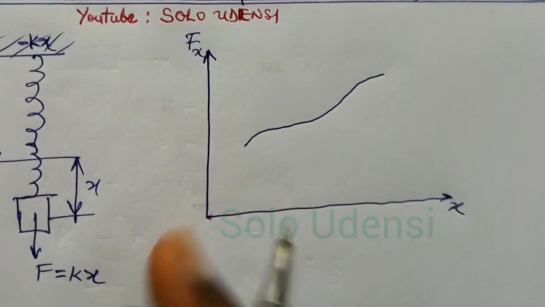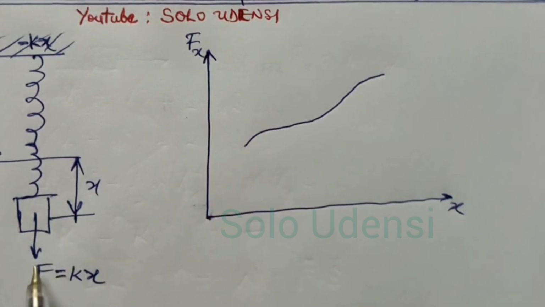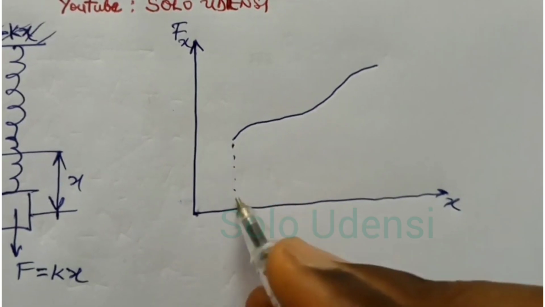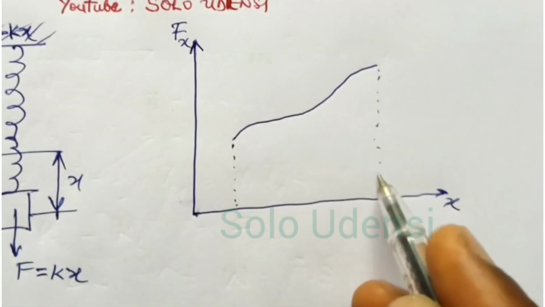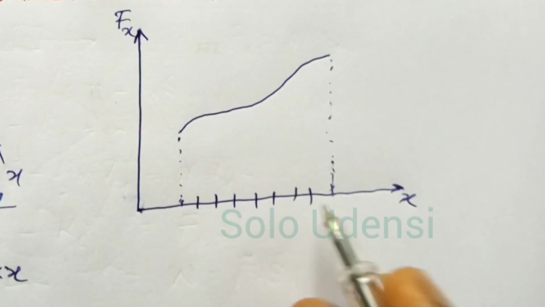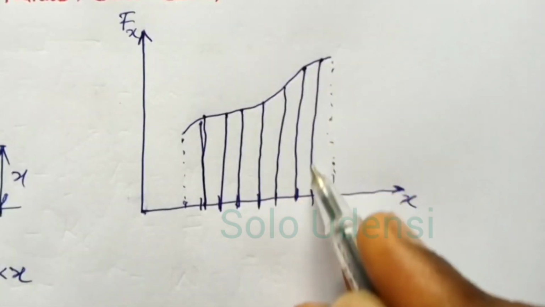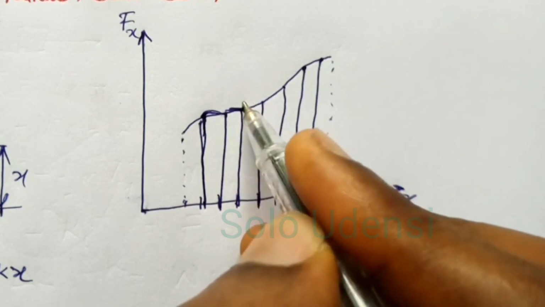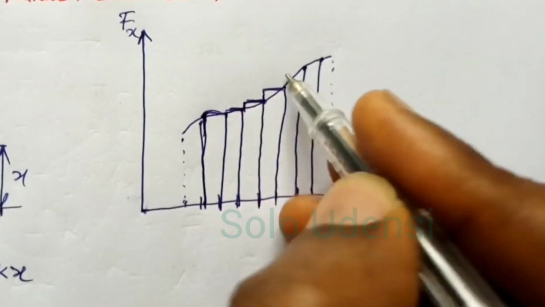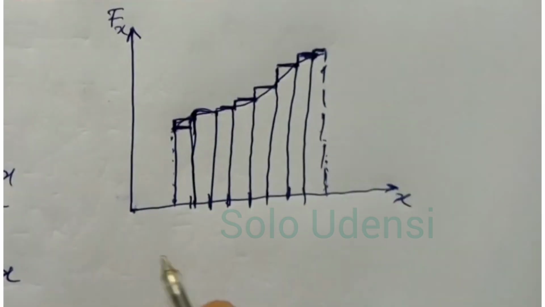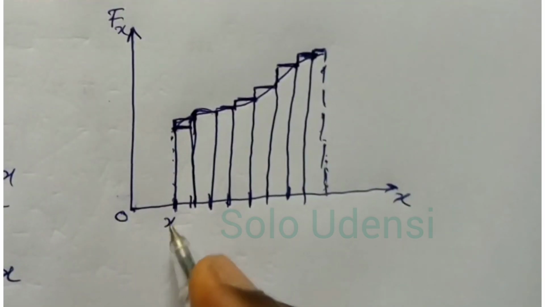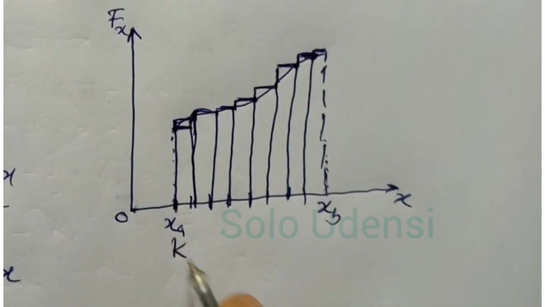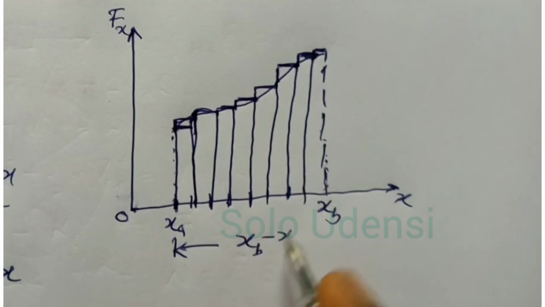So in order to find the work done by this force, we basically have to divide this curve into small segments and use it to form strips, so that we can easily make it look like a rectangle. So let this point be xa and this point xb. So the distance from here to that place is xb minus xa.